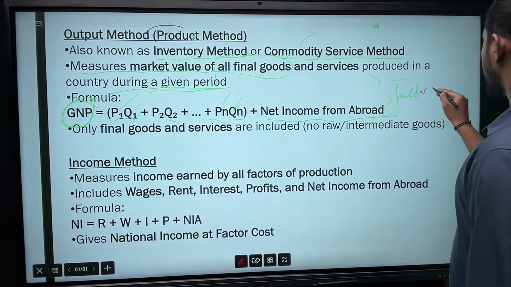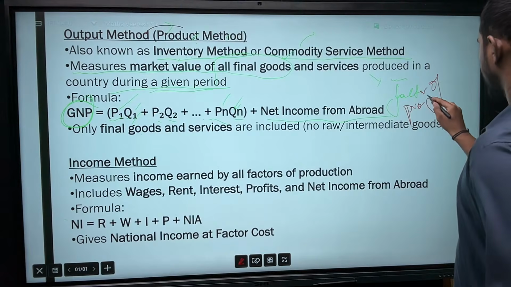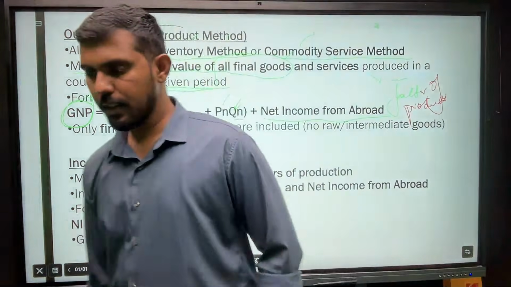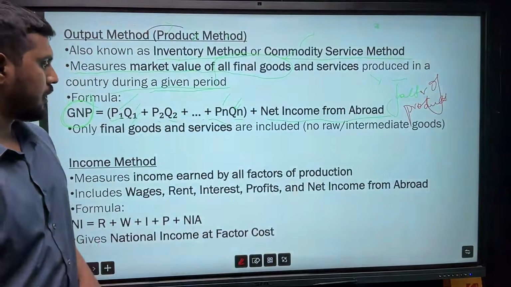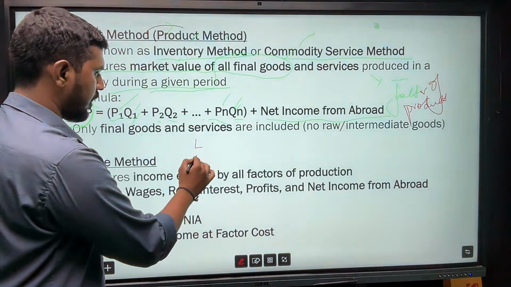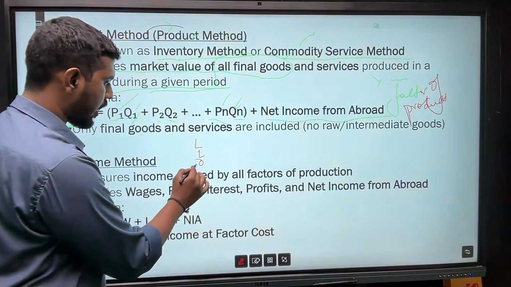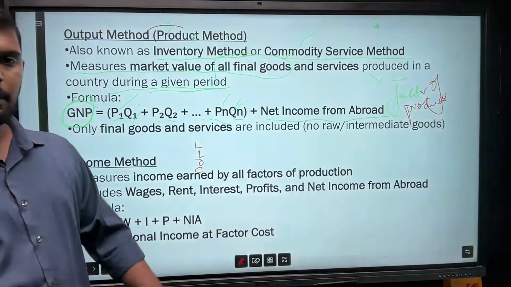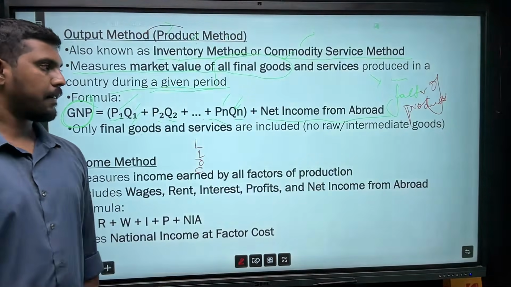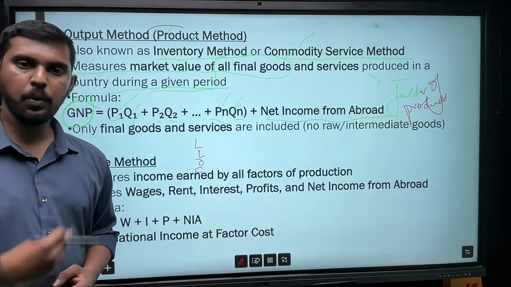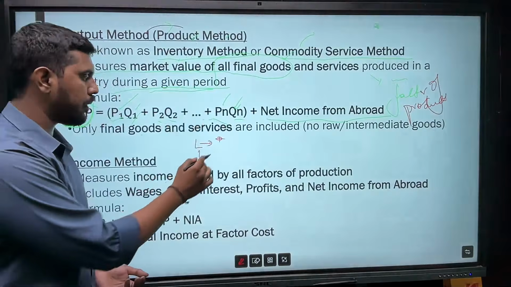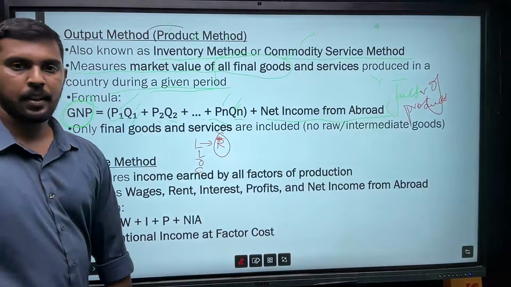Here we are going to take factors of production, because we have four factors of production: land, labor, organization, capital. Because when we give a land to someone, we get rent in return. It is also income. Right?